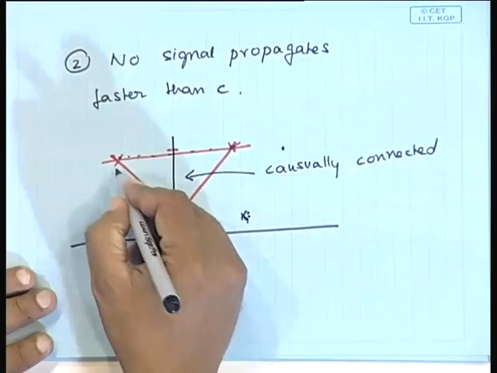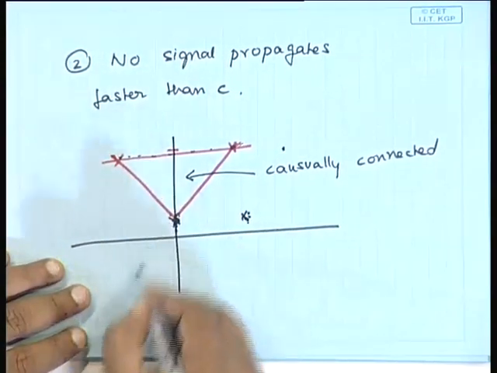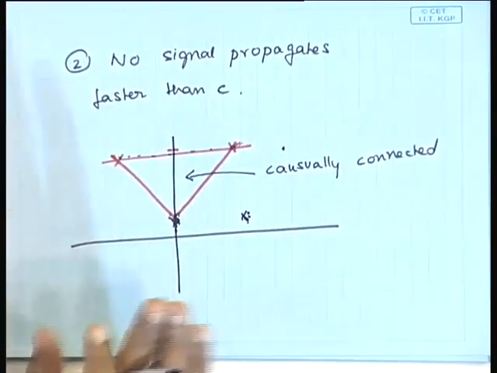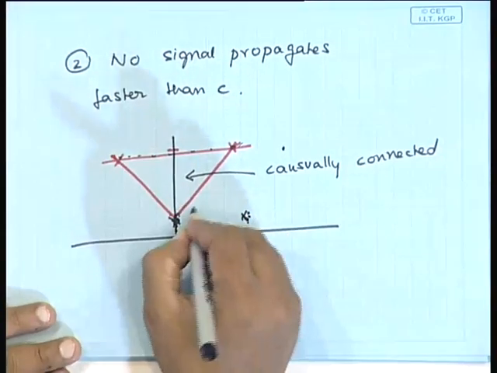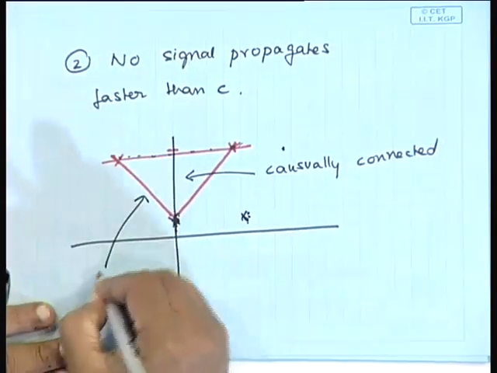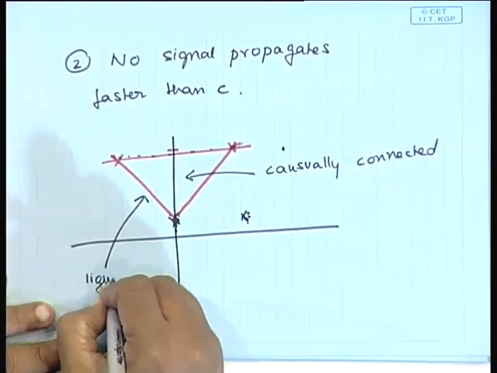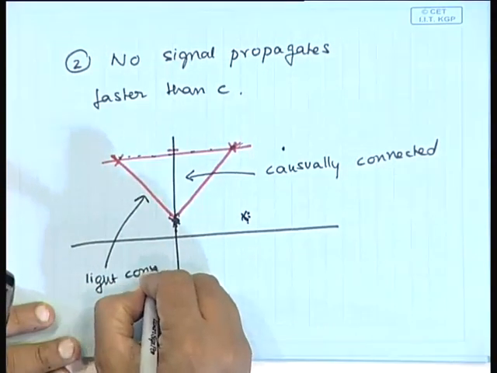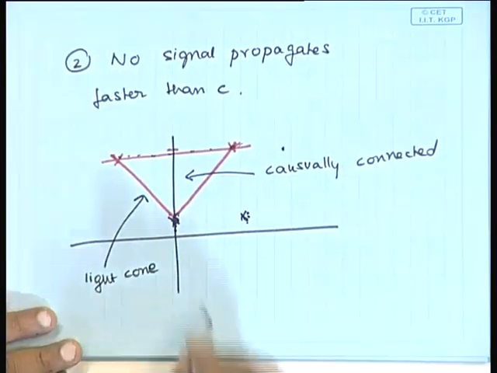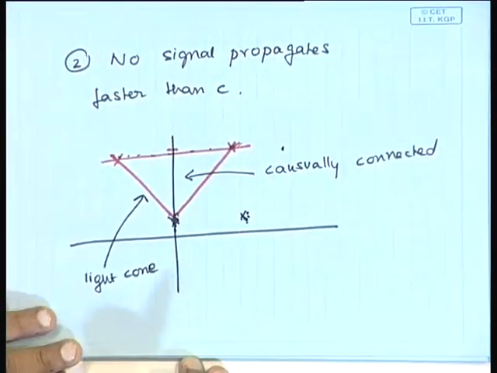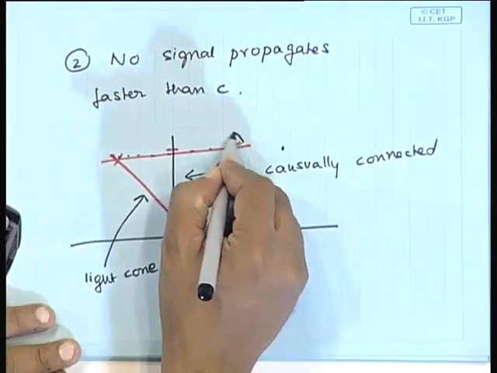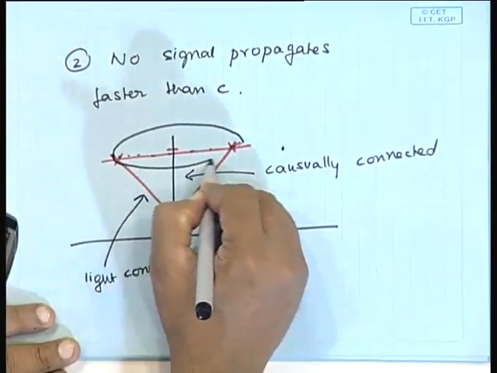Now if you look at these two lines in 3 dimensions, they will propagate in all 3 directions, x, y and z, and this is referred to as the light cone. It will be a cone in this 4-dimensional space-time, because we have to take into account the y and z axis also. So it's going to be a cone which is referred to as the light cone or the null cone.